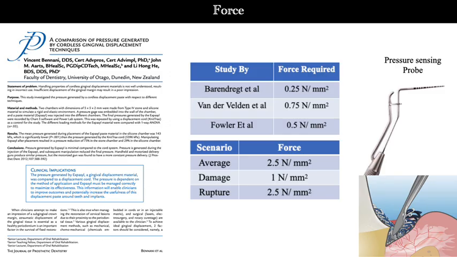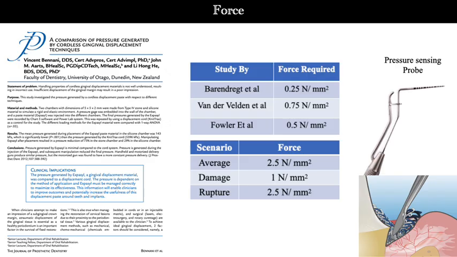Now, damage is expected to happen after 1 newton per millimeter square itself. So if you're applying about 2.5 newtons per millimeter square, it is for sure that you rupture the junctional epithelium, which we spoke about in the first case, in the first slide. Now, this can be self-controlled. We should have self-control over what this force is.